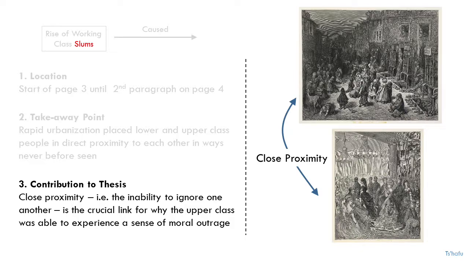And so for our case about moral outrage, it is not slums for the sake of slums, but it is slums bringing people, poor people, in close proximity with the upper class in ways that the upper class could not ignore. And it's that inability to ignore them that now is leading the upper class to feeling this sense of moral outrage.